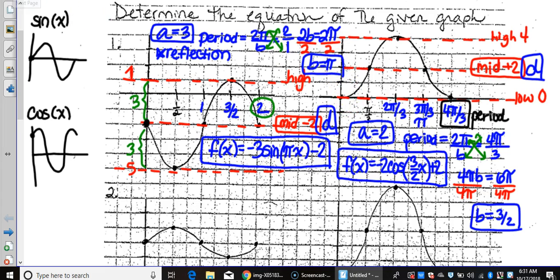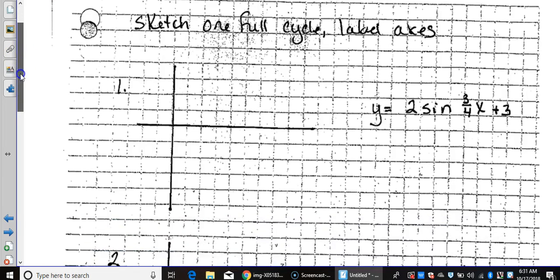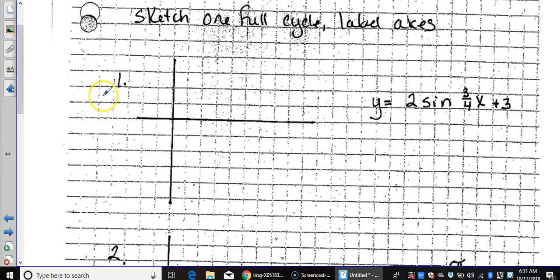Let's do one on the back. So if you notice here, it says sketch one full cycle, label axes. I am not given the graph. I need to graph it. And I clearly can see here that we have A, B, and D in play. So take a second and think, which one are we going to do first?